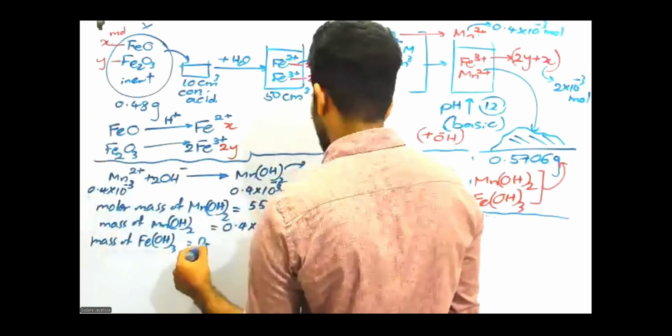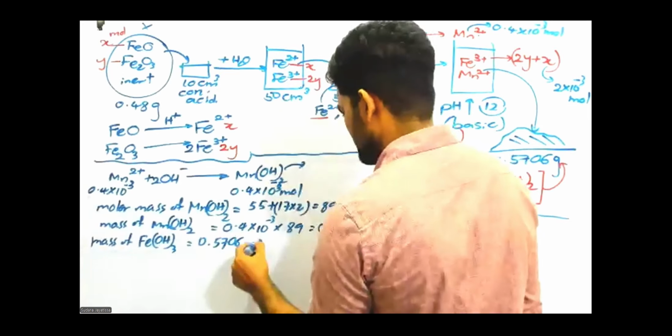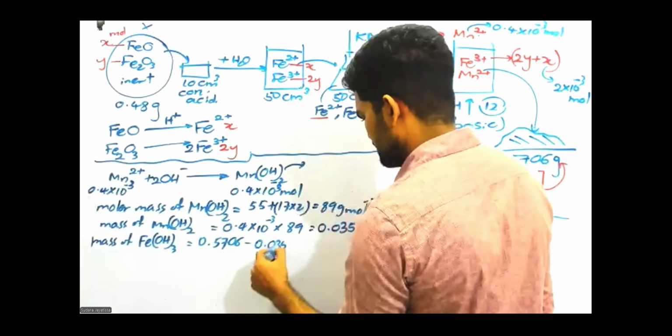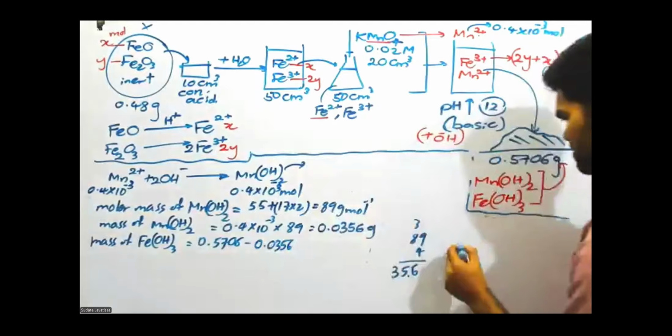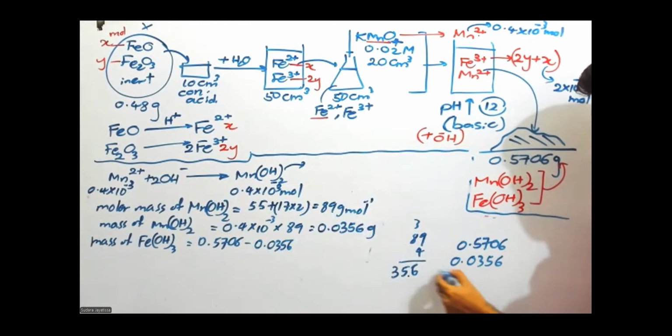So 0.5706 minus 0.0356. 5706, 356. Now 6 and 6 subtracted is 0, and here it is 5 and 6, 3.